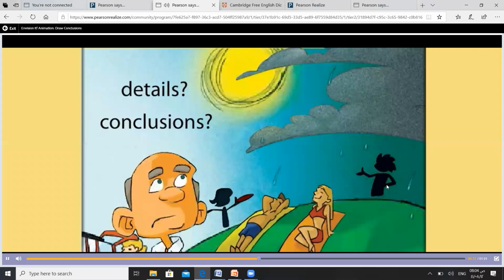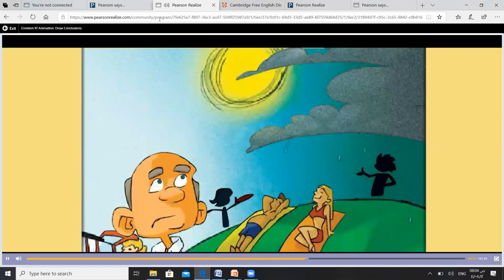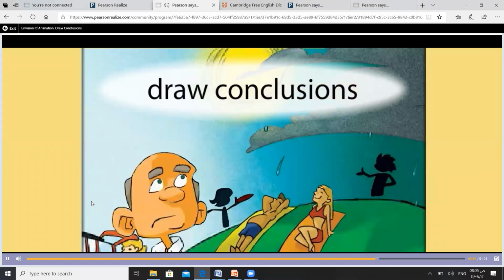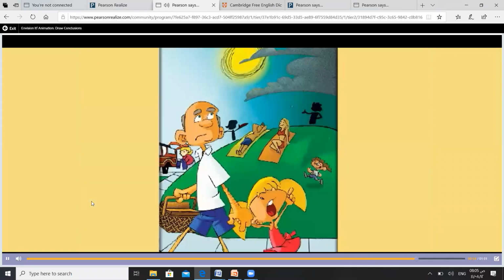What conclusion can you draw about what's happening here? Think about the details you see. You may have also used some of your prior knowledge, or what you already know, to figure out what was going on. Being able to draw conclusions helps you understand what happens in a story. Looks like everyone else at the park needs to draw the conclusion that they may get caught in a rainstorm.